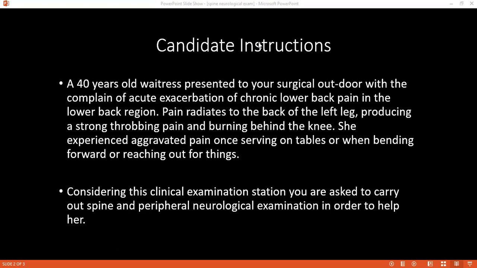And if conservative management fails, then surgical management, there may be a discectomy.